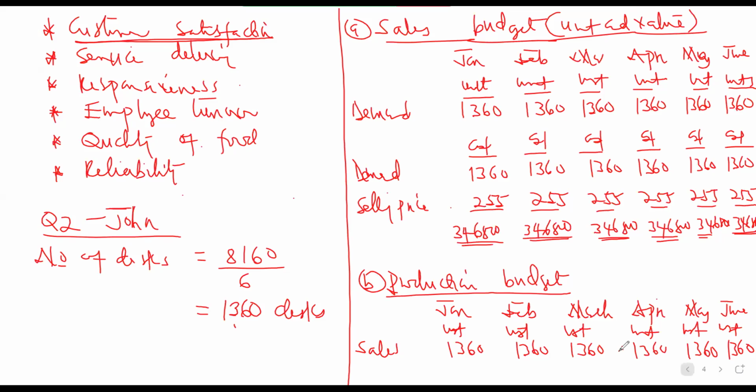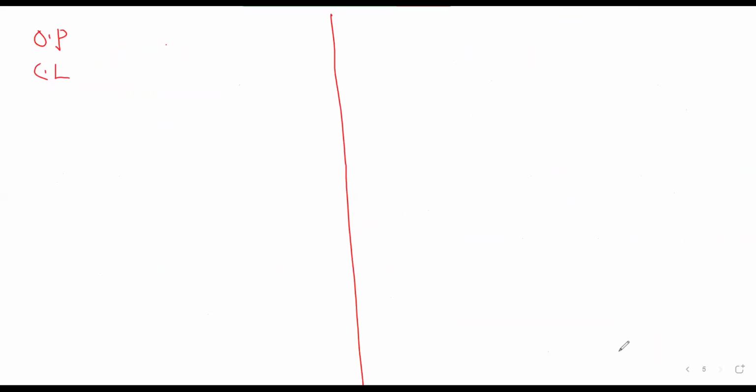No. But would there be any closing stock? Yes, closing stock of 1360, isn't it? Yes. This closing stock will become what? Opening stock for February. Okay, opening stock for February.